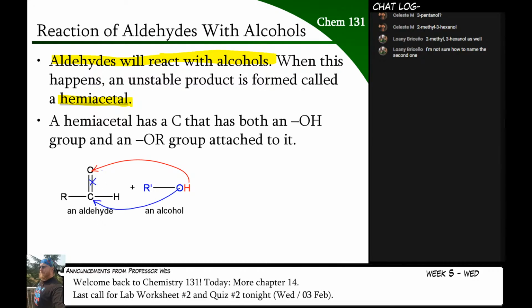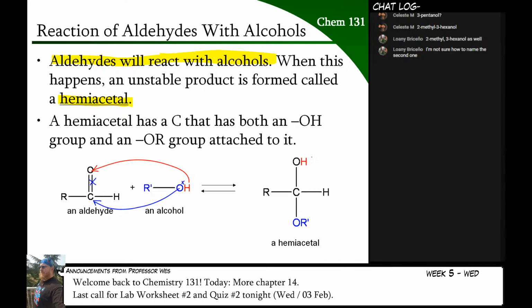And then I break a double bond. I'm also breaking the bond between the OH here. It's just not written. And the result that we get is an alcohol, and it has an OR group on there too. So this is a hemiacetal.